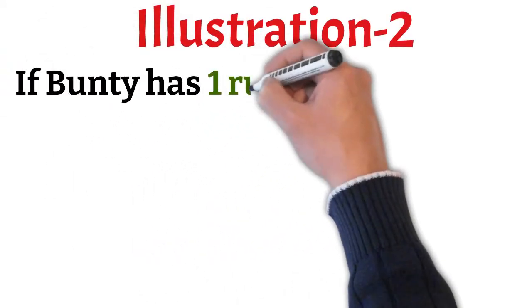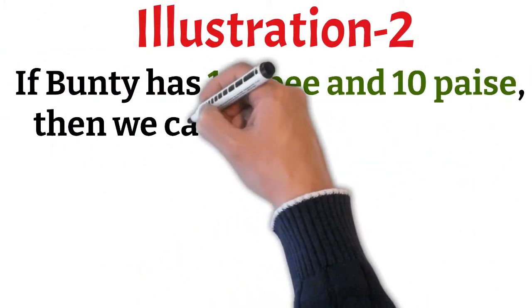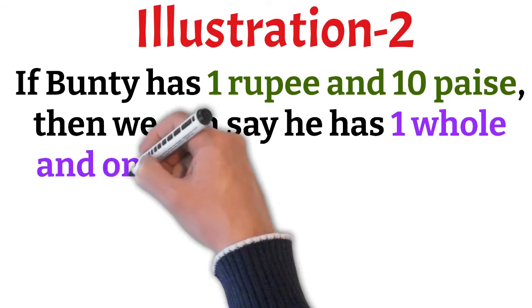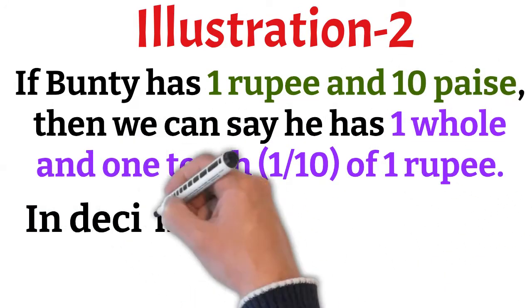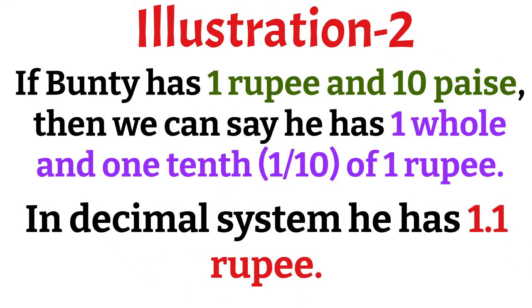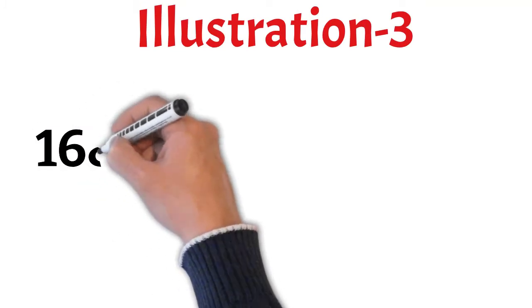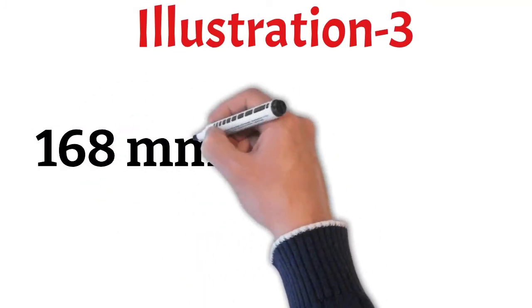Similarly, if Vanti has 1 rupee and 10 paisa, then we can say he has 1 whole and 1/10 of 1 rupee. Thus, in decimal system, he has 1.1 rupee. Using this process, we can convert measurements in millimeter to centimeter using decimals. For example, 168 millimeter.